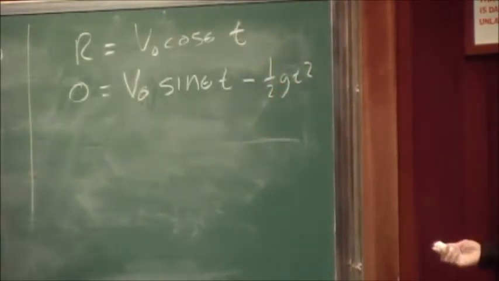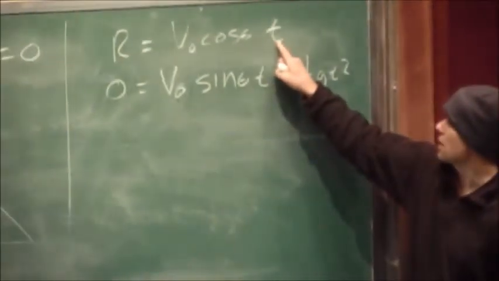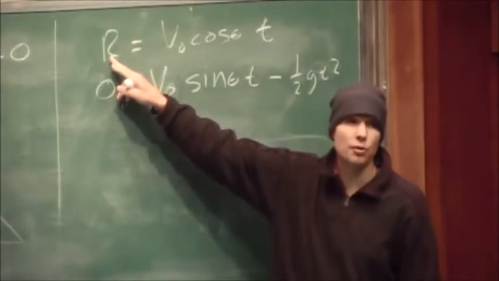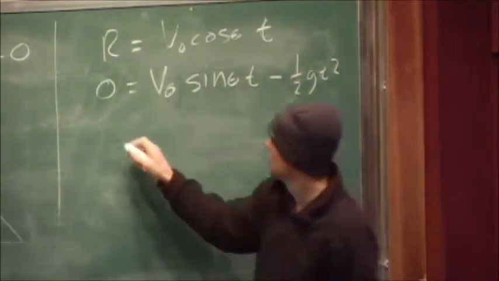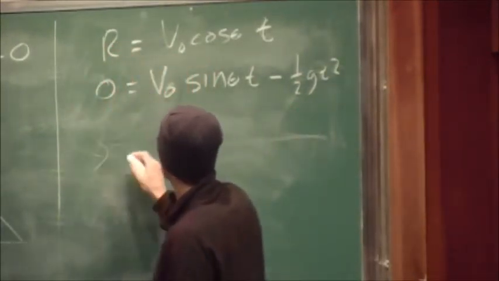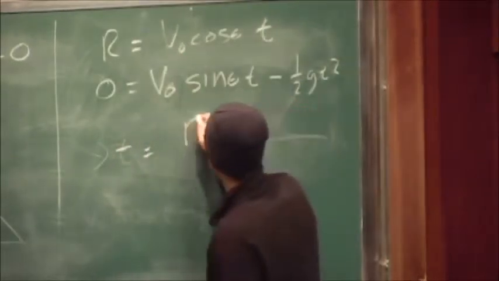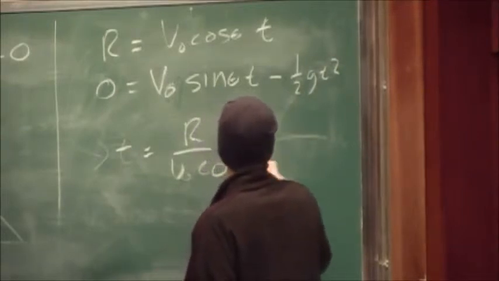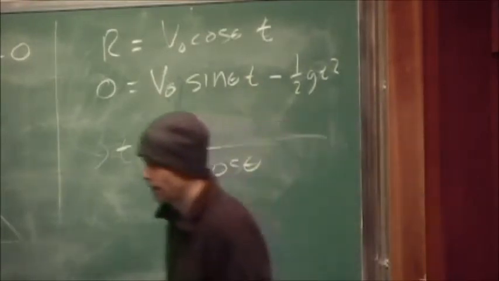Okay, so what will we do? Again, we have this parametric type of system. So we need to solve for t here, substitute it in here, and then write everything in terms of the range. We're going to do a little bit of algebra here. From this equation, I see that t is equal to r over v0 cosine theta. And then I'm going to put it back up into here.